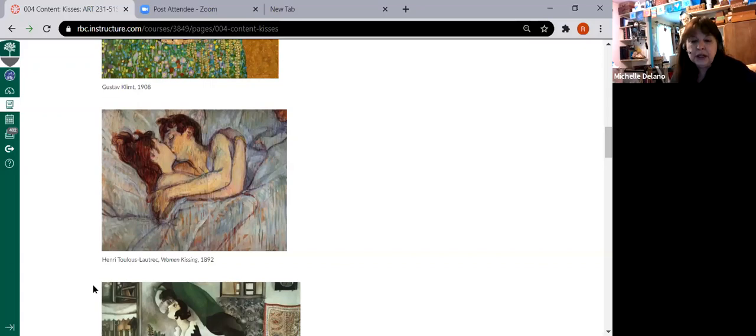If you look at where the sheet lines are, all the diagonals kind of lead your eye in to the embrace more than the kiss. Whenever I have diagonals that are doing anything in an image, they're pointing you to a specific place. So this is about their embrace.